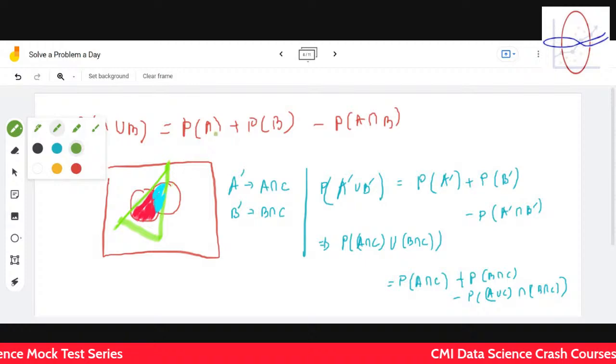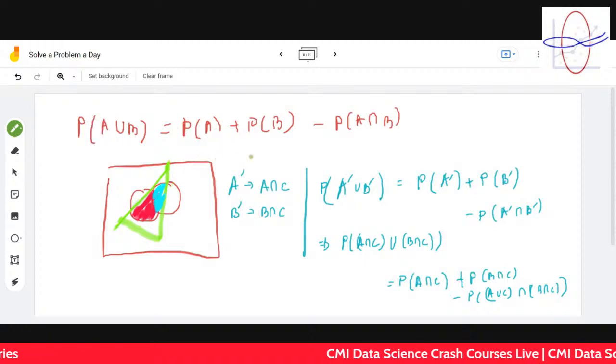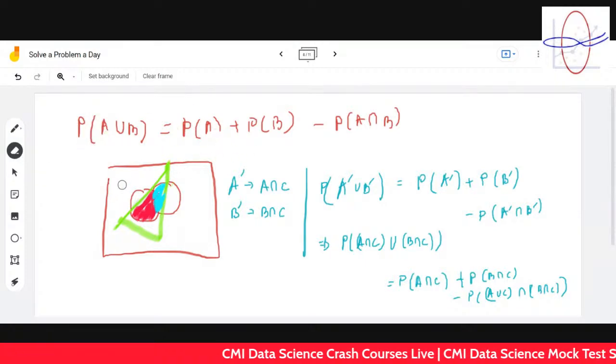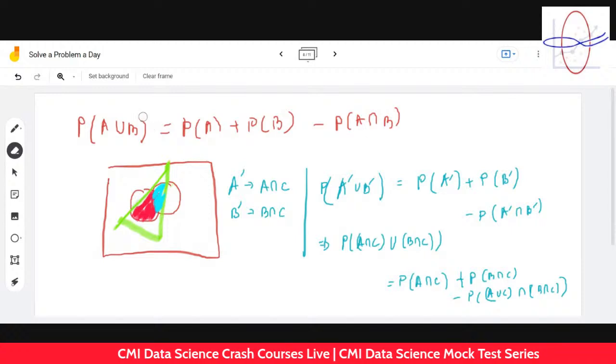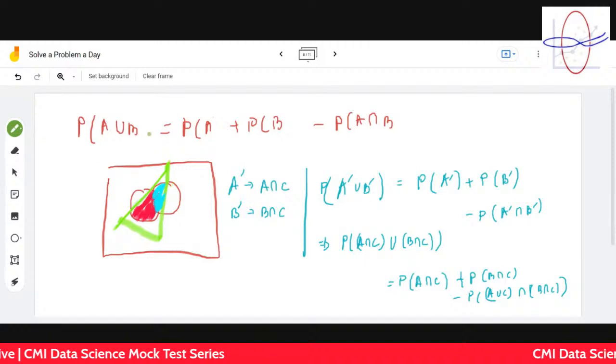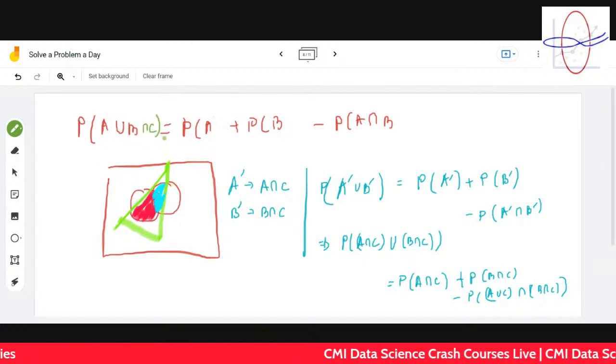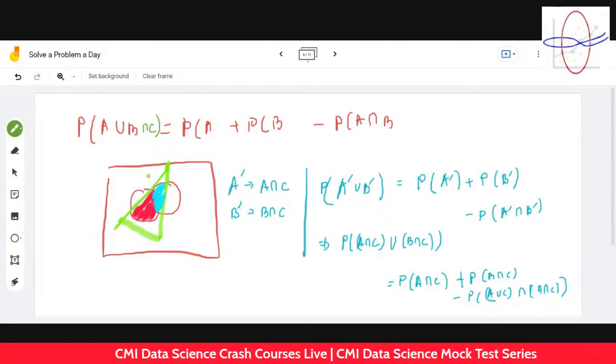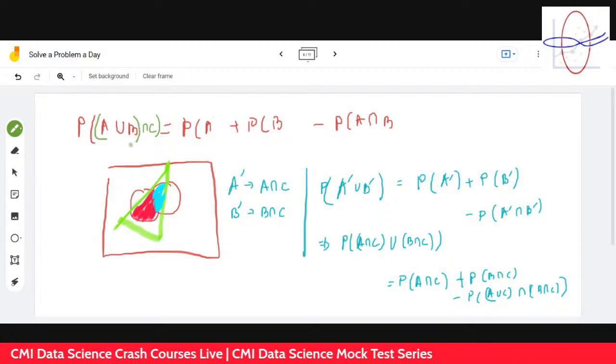And you can intuitively tell from here that it's the same as the whole intersection. Why? Because A union B intersection C is the same thing; we're just intersecting with C. We take this as an element and we intersect with C. That's the basic idea.